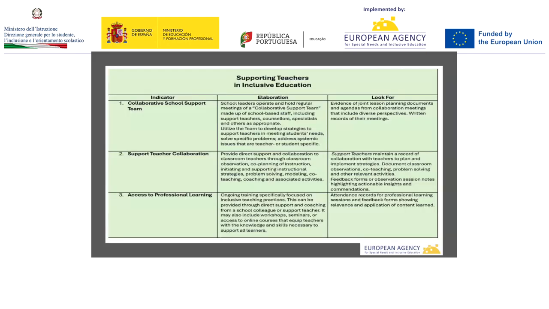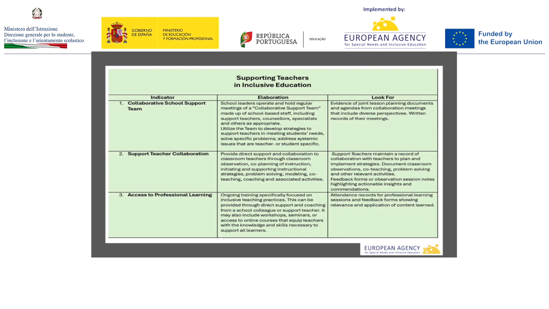So again, we've set out here those elements with the indicator on the left, an elaboration of the factor in the center of the grid, and on the right, the things that one could look for to see whether or not it's in place. And I do want to just take time to look at both number one and two.